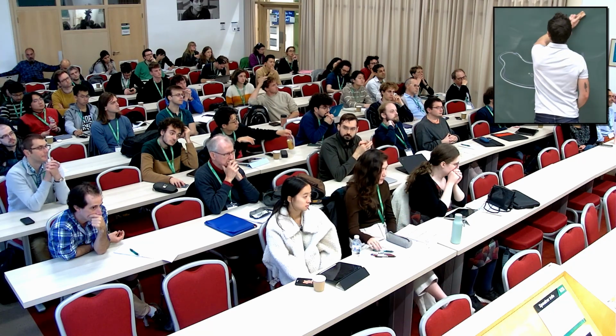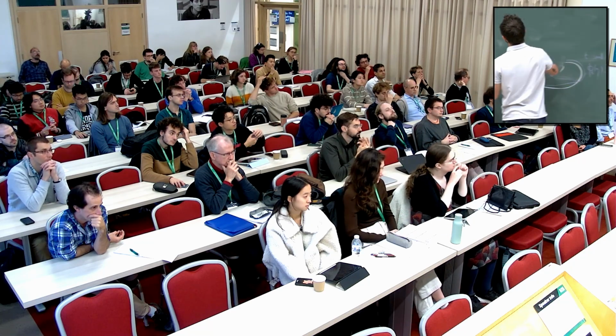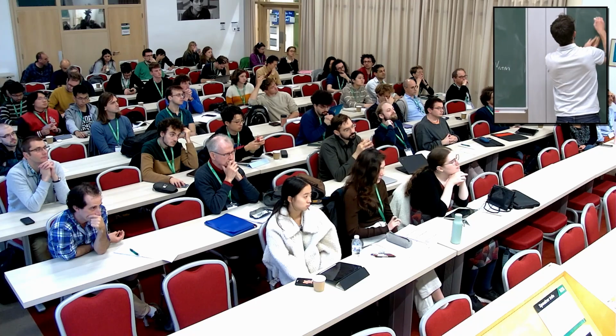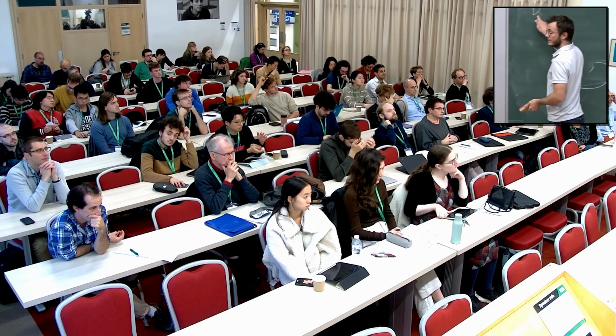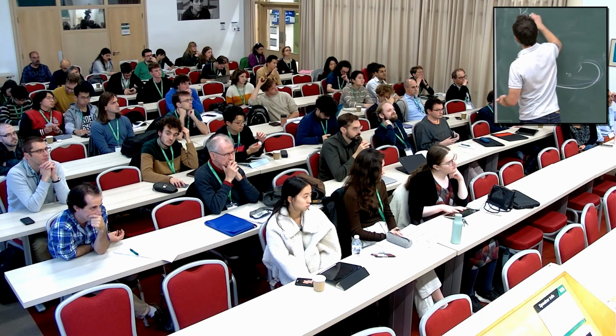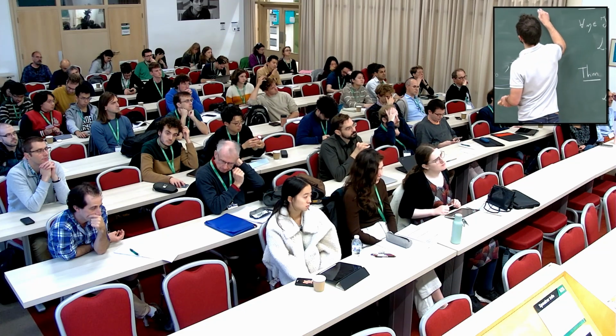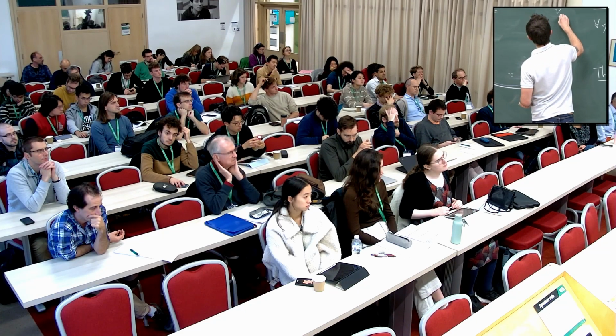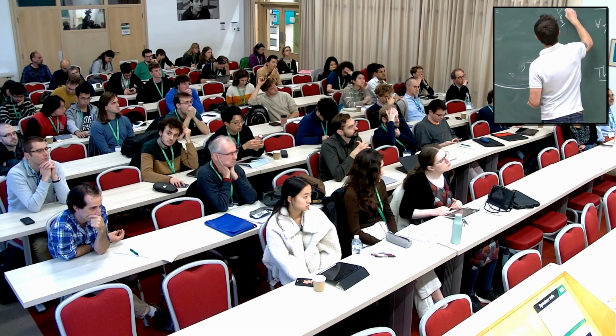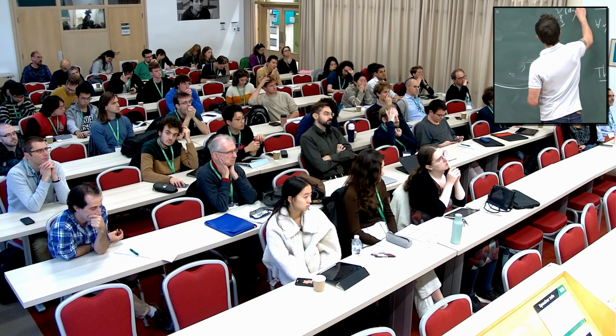So this is my SLE kappa loop measure, nu kappa, d eta. I'm going to compare it with a nu for kappa equals 1/3, which is the same as c equals 0.